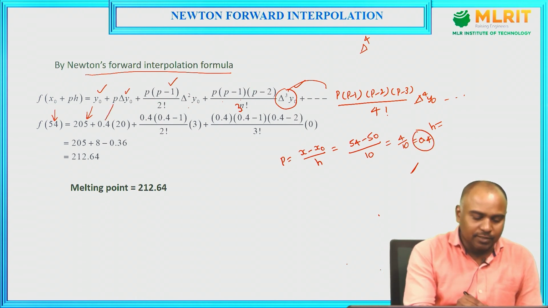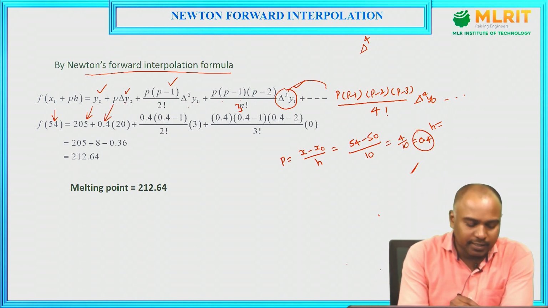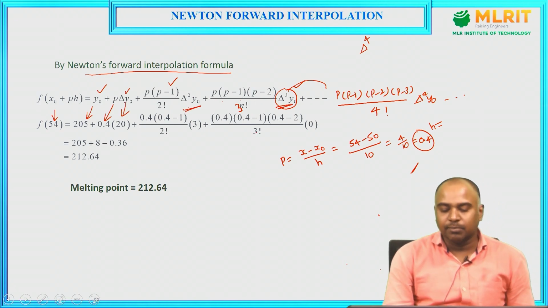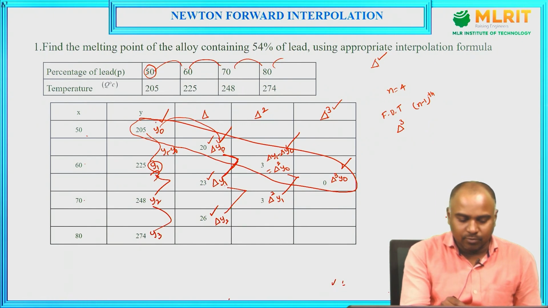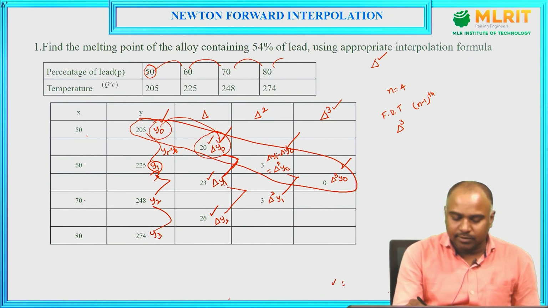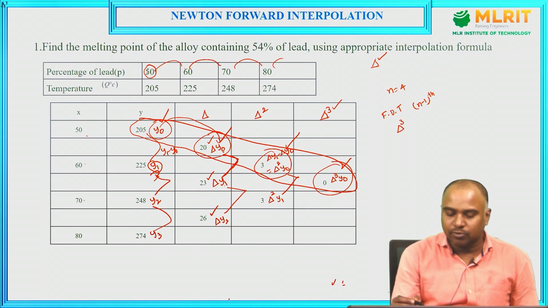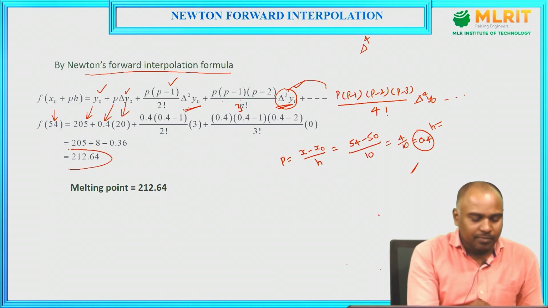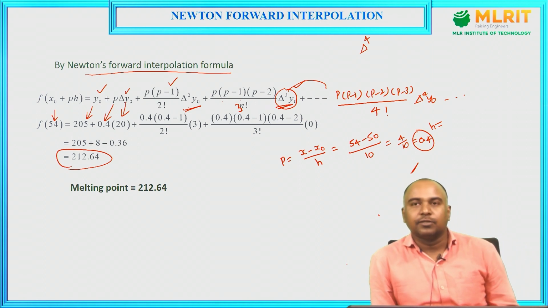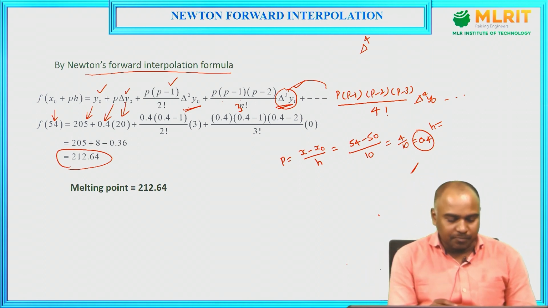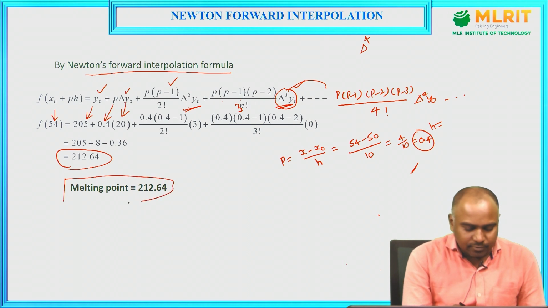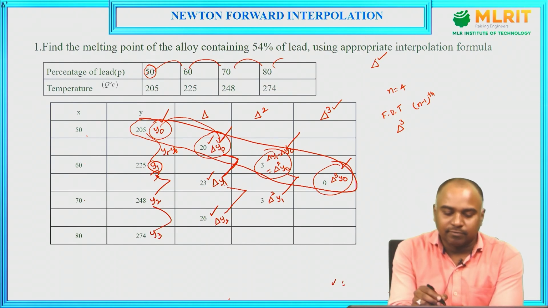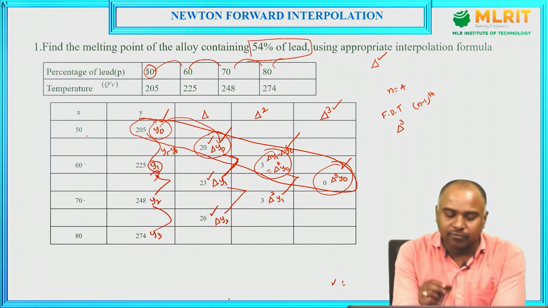That p value we substitute, along with delta y0, delta square y0, delta cube y0 from the table. As I said, y0, delta y0, delta square y0, delta cube y0, these we substitute in the formula, and simplifying, we get the value 212.64. This is the melting point when there is 54% of lead.